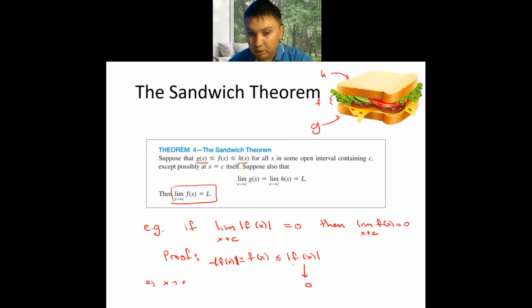If it goes to 0, the negative of that also goes to 0. So by the sandwich theorem, both bounds go to L, which is 0, so f, the middle term, also has to go to 0. Some people also call it the squeeze law. It's squeezing, right?